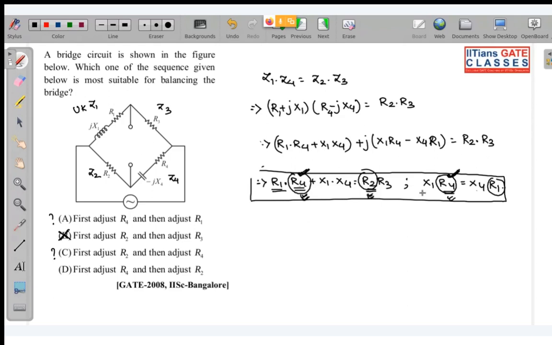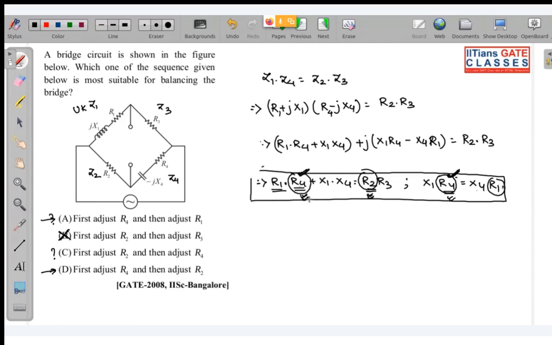So here they are telling first you have to adjust this R4 and then manipulate this R2. What is the difference in these two? Can you guys tell me? In both these cases, A and D, we are manipulating R4 first.